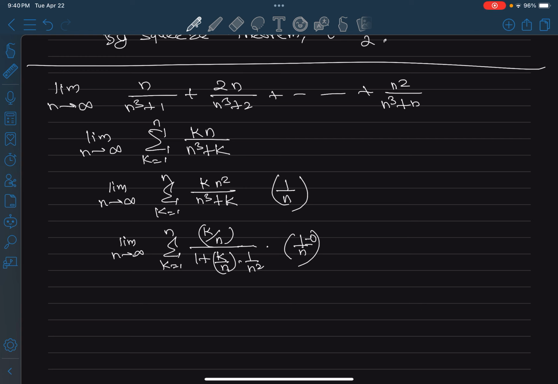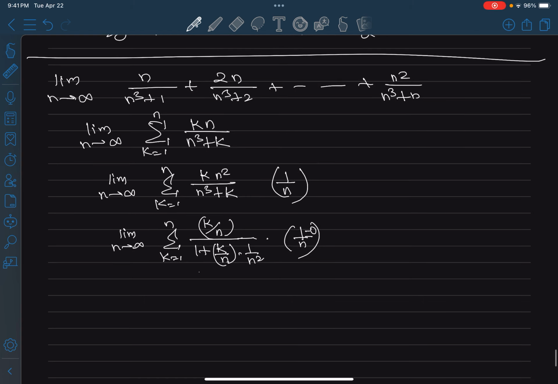If we convert this to an integral, we have x over 1 plus x by n squared times dx. But since n is going to infinity, that term will go to 0.